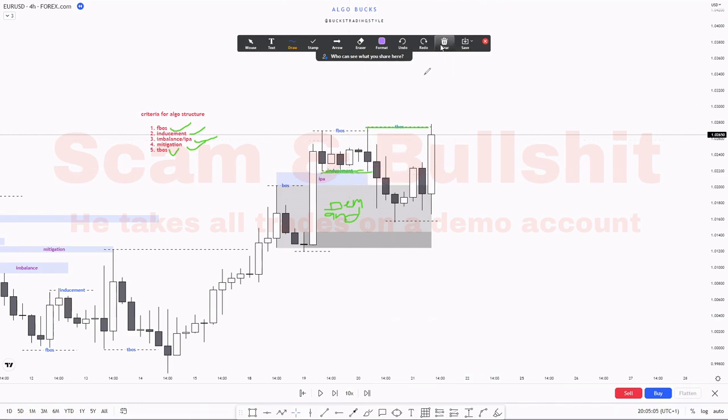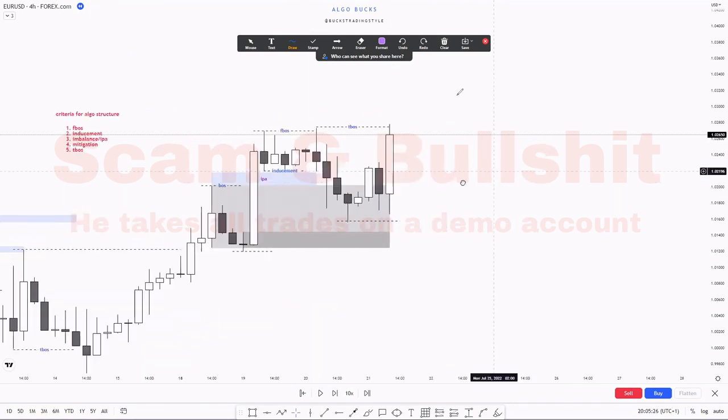Sometimes price can just take out the low right here and then go back up to the true break of structure. It's also a valid algo structure. You understand? Now we've seen two MSU just within this short period of time.